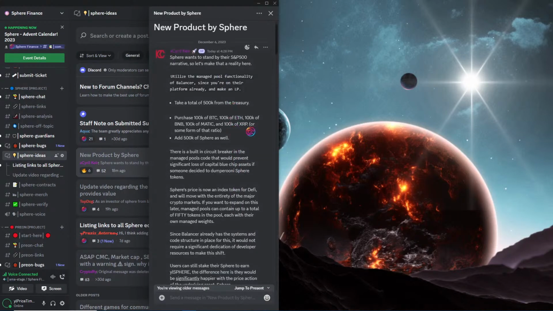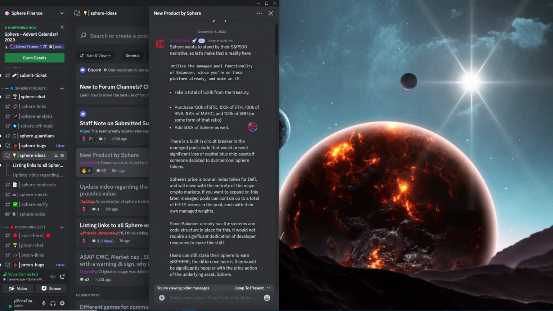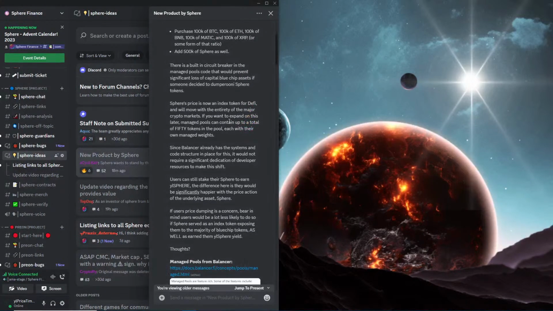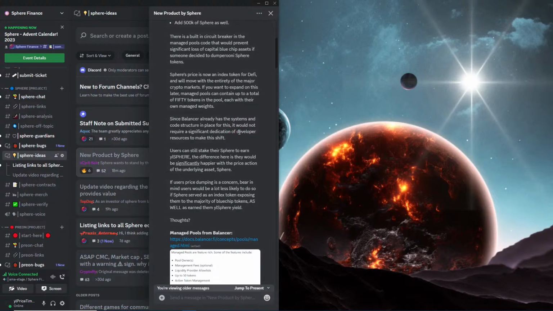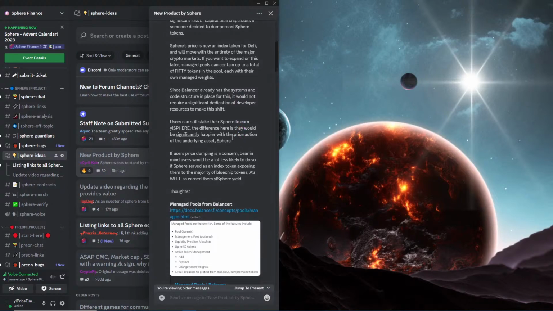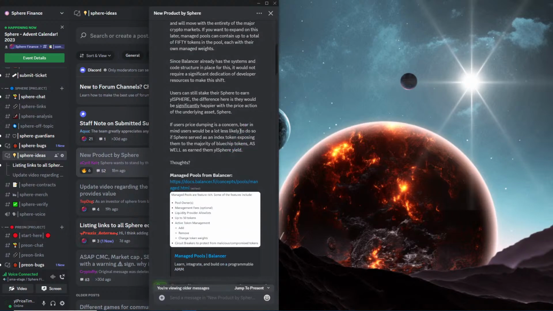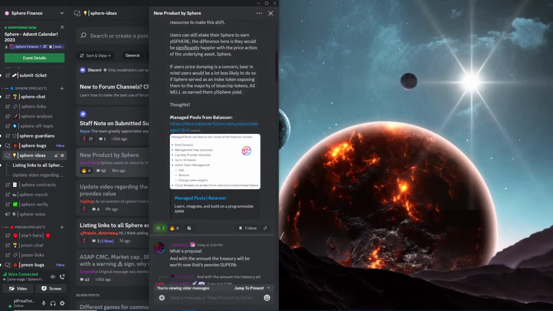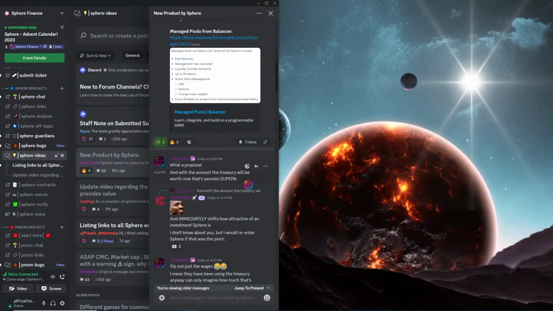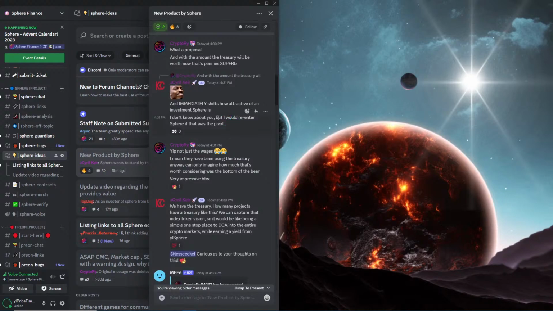So basically match the liquidity of Sphere with some other blue chips instead of Matic. Pretty interesting.